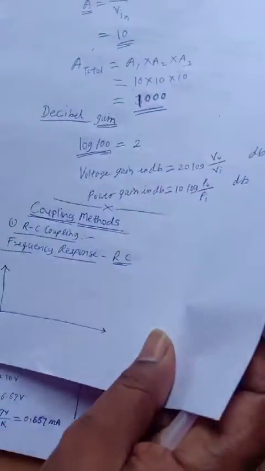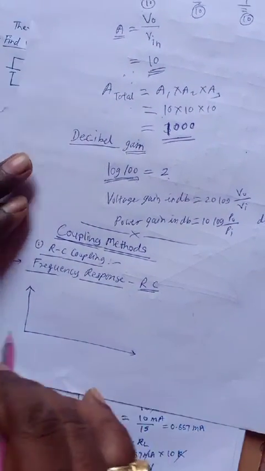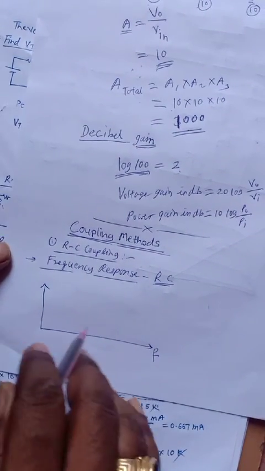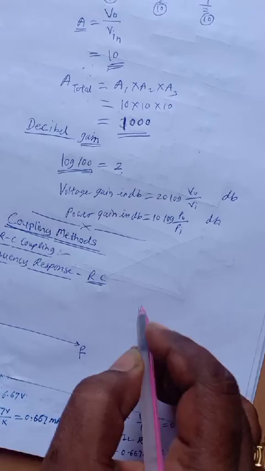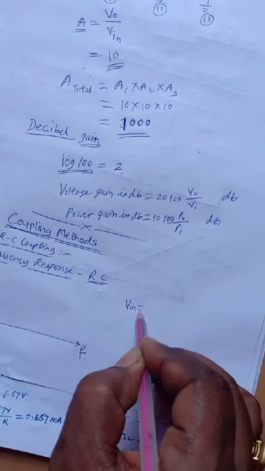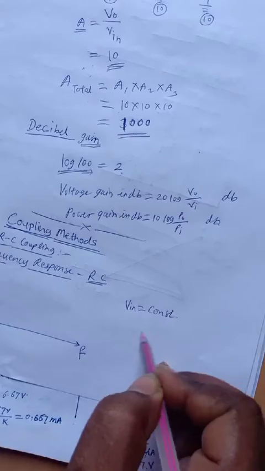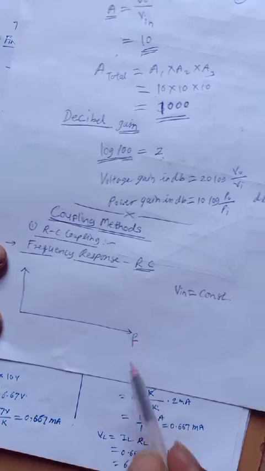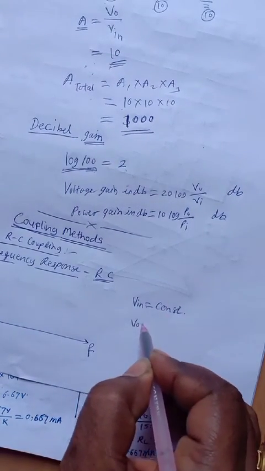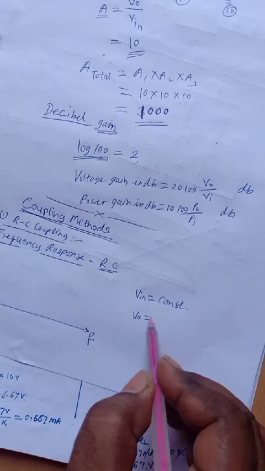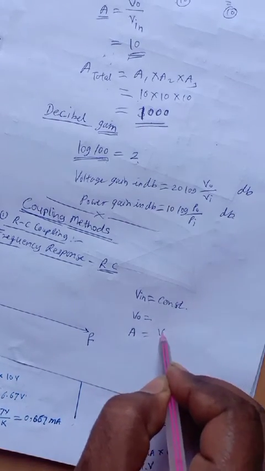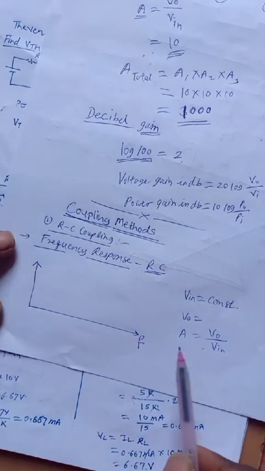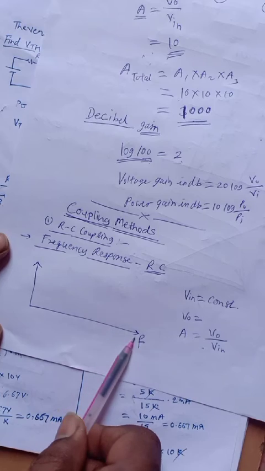Now we are going to see the response of this amplifier for different frequencies. Response means we are going to observe the output voltage. We keep Vin constant, and only change the frequency from 0 to maximum, then observe the output voltage and calculate the gain A, that is Vo upon Vin.